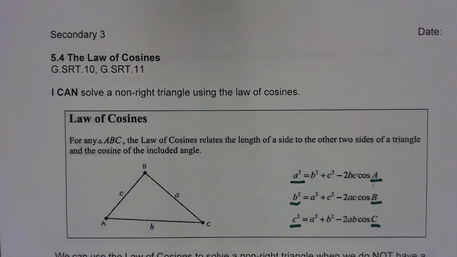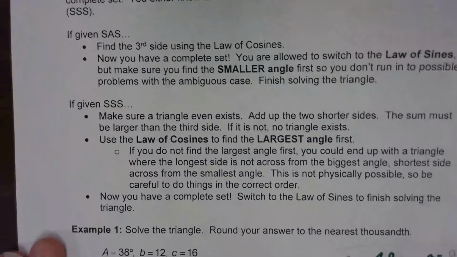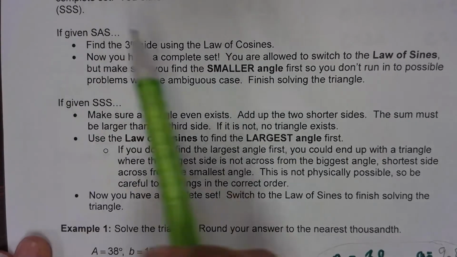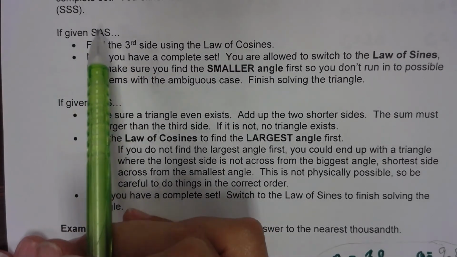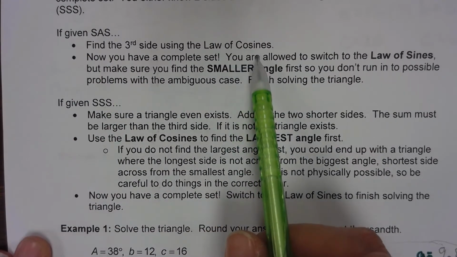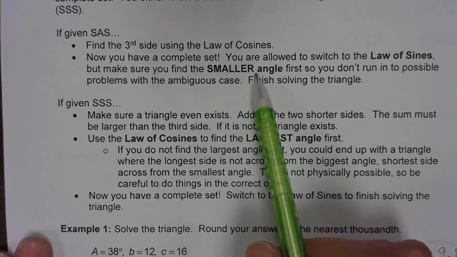Alright guys, we are doing the second part of 5.4 and we are focusing on side, side, side. Now remember with side, angle, side, after we switched from cosines to sine, we had to do the smaller angle.